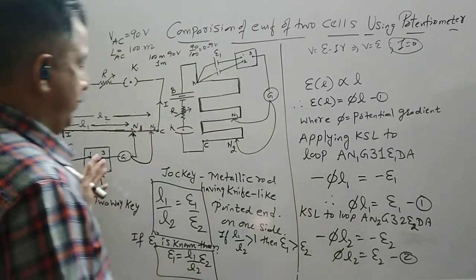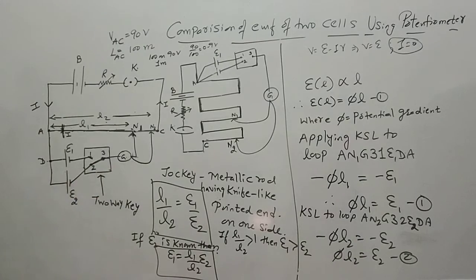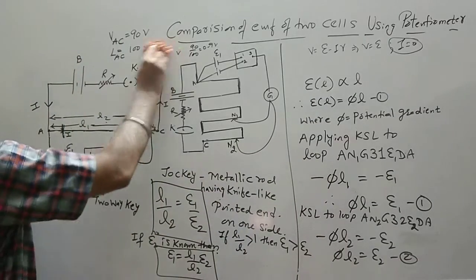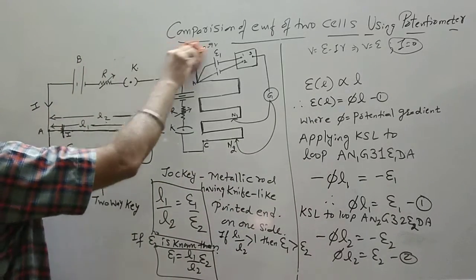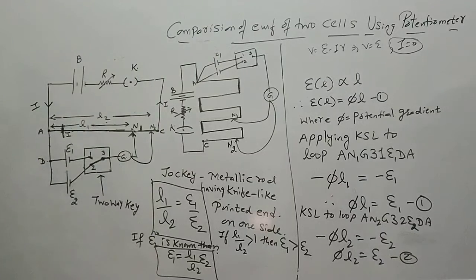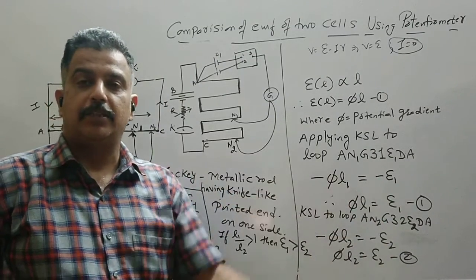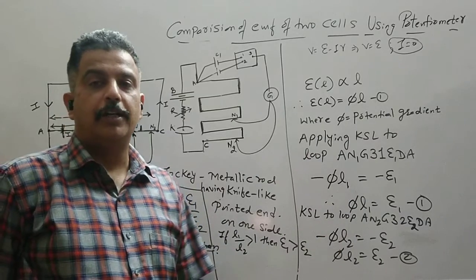So that was our previous lecture, and we arrived at this relation. Now we use this relation directly to compare the EMF, or you can say if I perform only one set of an experiment, I can easily measure the EMF of a cell.